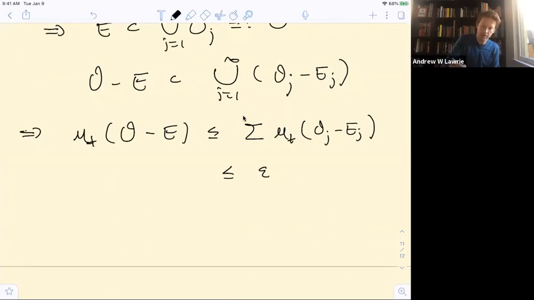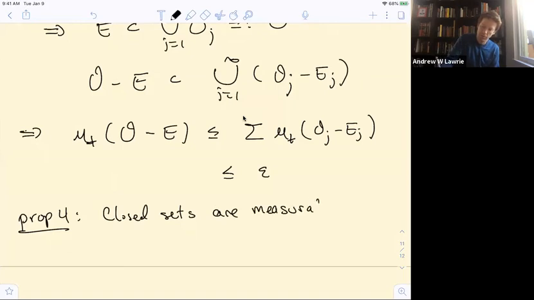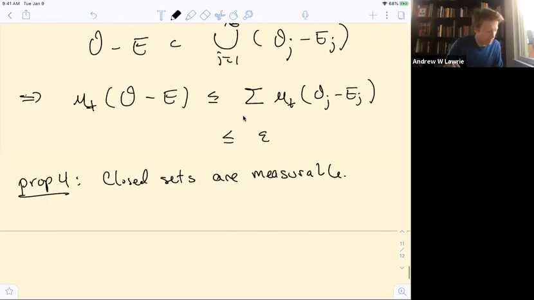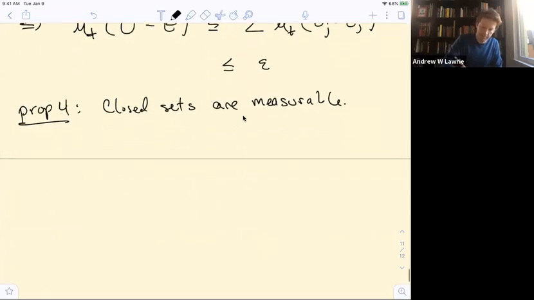Property 4 is that closed sets are measurable. So sets that are either open or closed are measurable. Let's argue this.